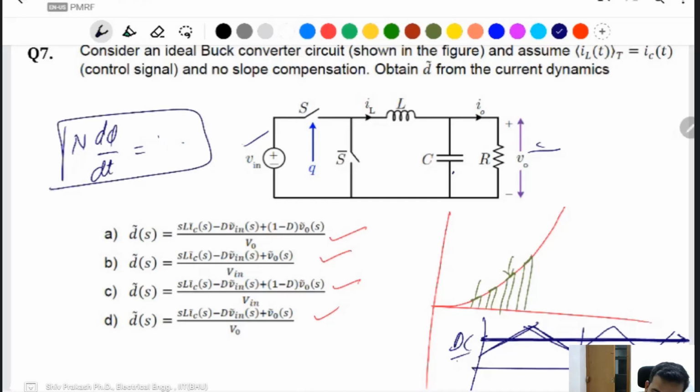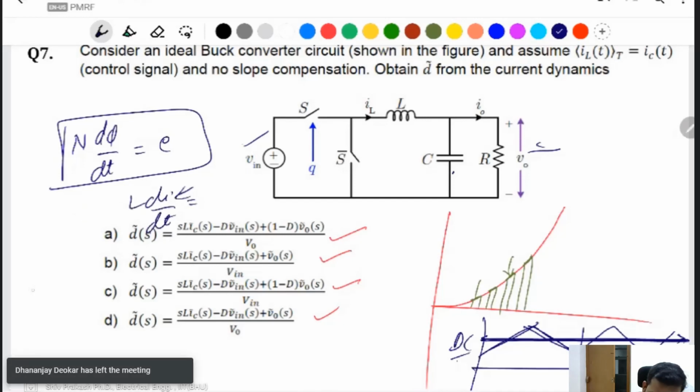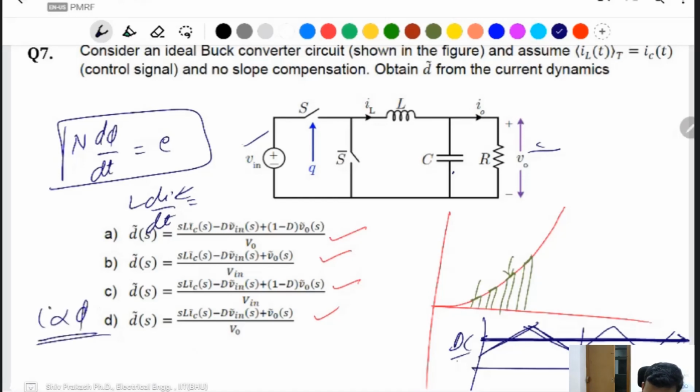This is the induced voltage, and the inductor voltage is L di by dt. The flux is directly proportional to the current.